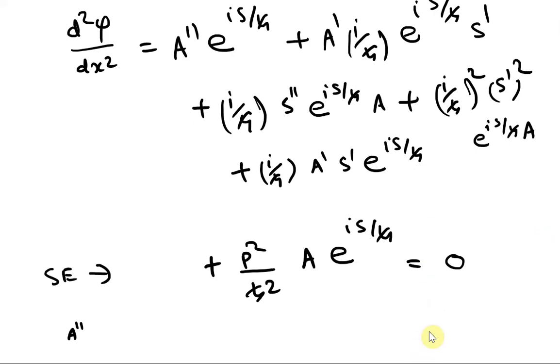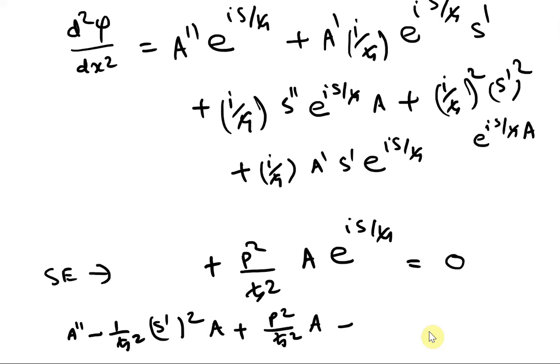So first term only will be having A double prime, then second real term is going to be this thing which is having a minus sign, minus 1 by h cross square, right? 1 by h cross square, you have S prime square multiplied with the A. So that is the second term, and the third term is nothing but p square by h cross square A.